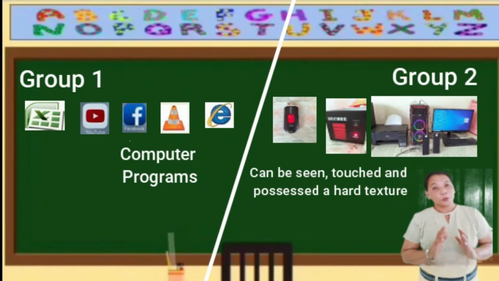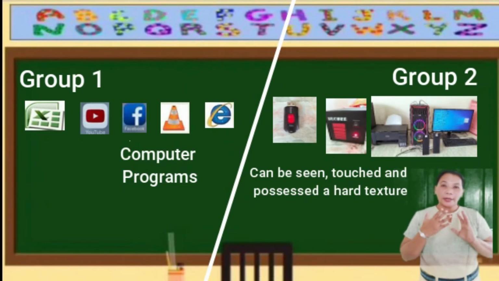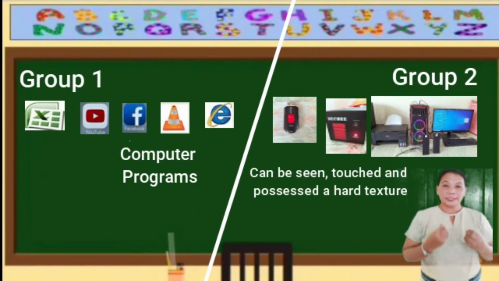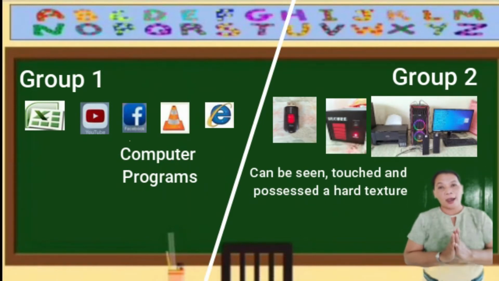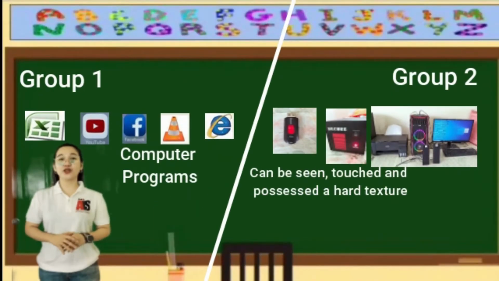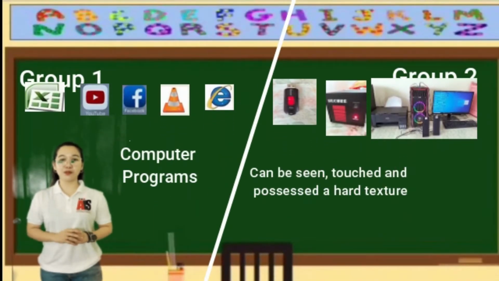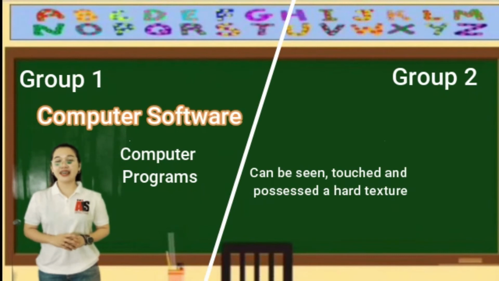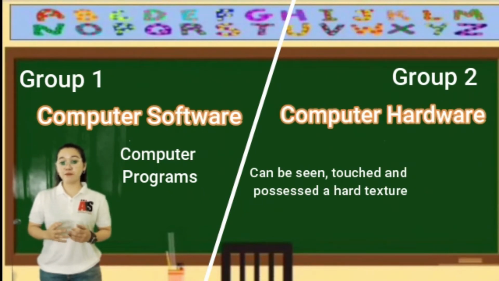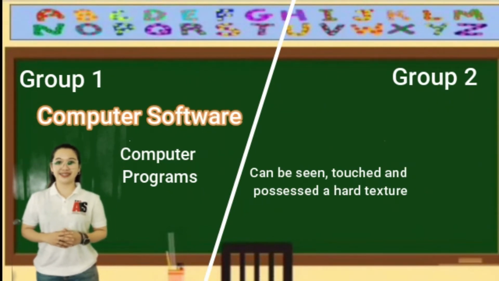You're right. Group 2 icons are the things that can be seen, can be touched, and have a hard texture. So the group 1 icons are examples of computer software, and the group 2 icons are examples of computer hardware.